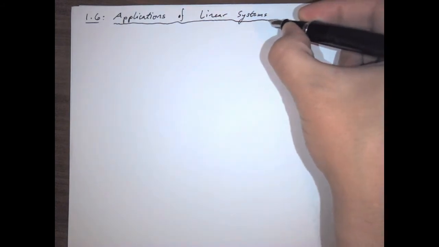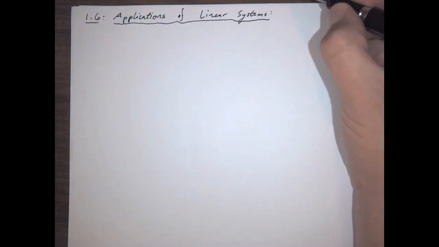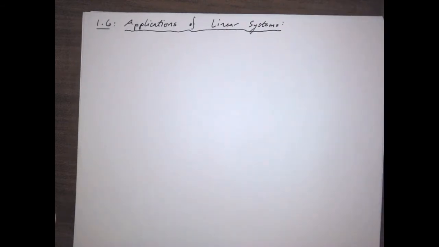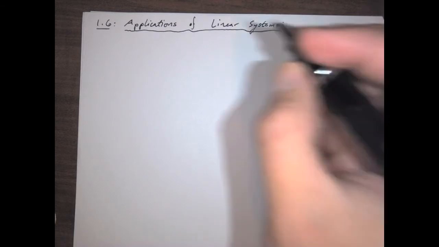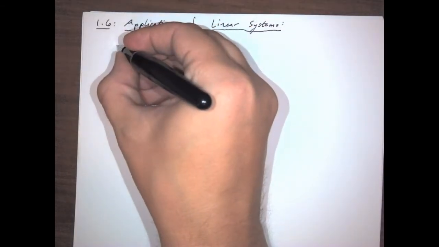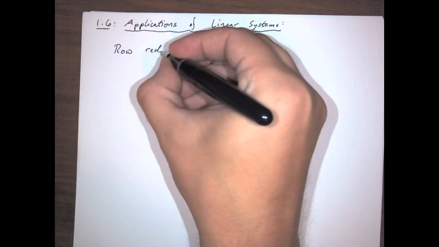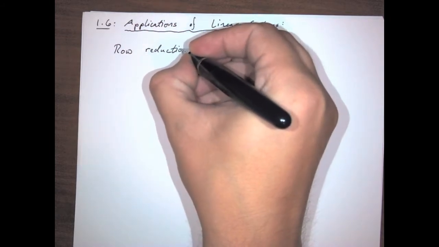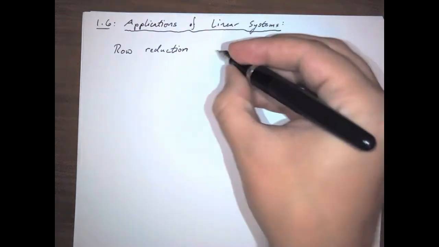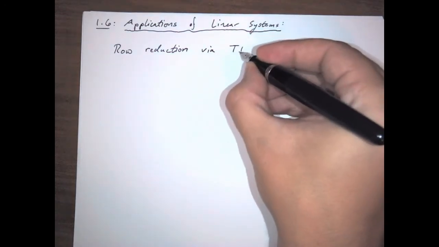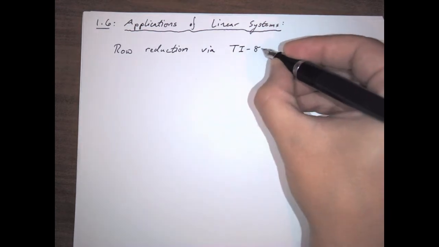Before we do any of this, we're going to take a nice little opportunity now to see finally how to get technology to ease some of the burden of drudgery from us. So what we're going to look at now is row reduction via TI-89 style calculator.